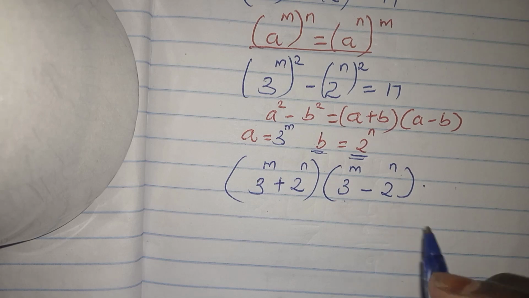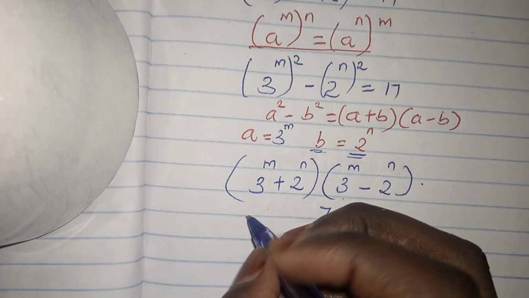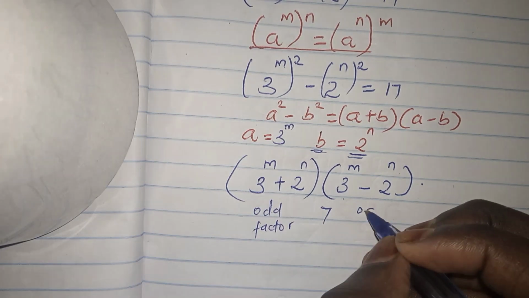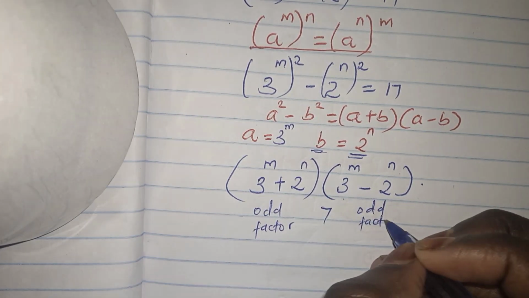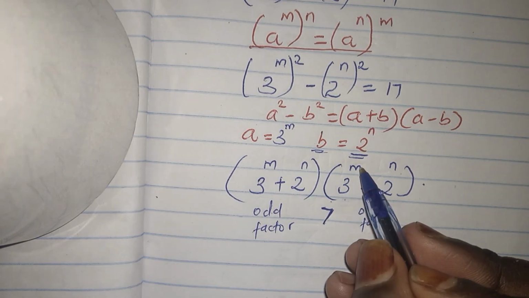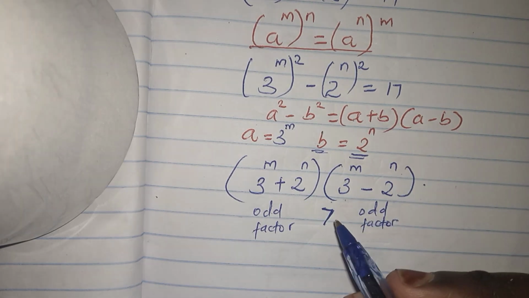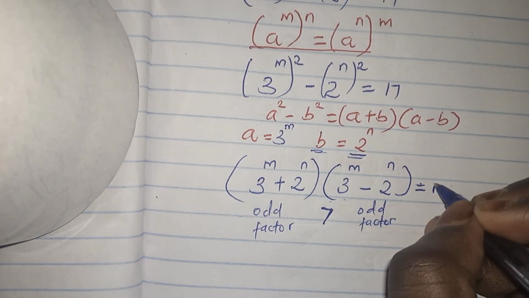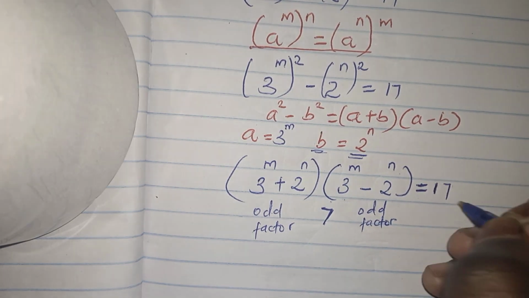So this is the smallest, and they are all odd factors. So 3 to the power of m minus 2 to the power of n is our smallest, and all this is equals to 17.